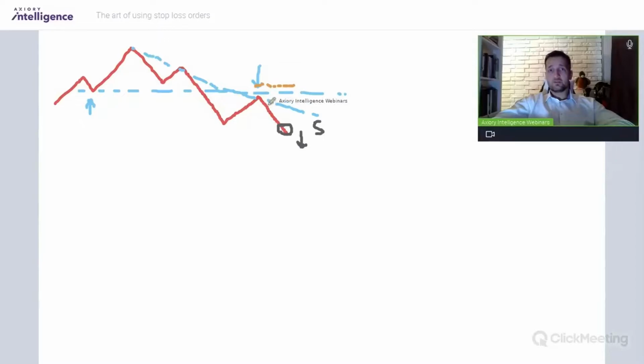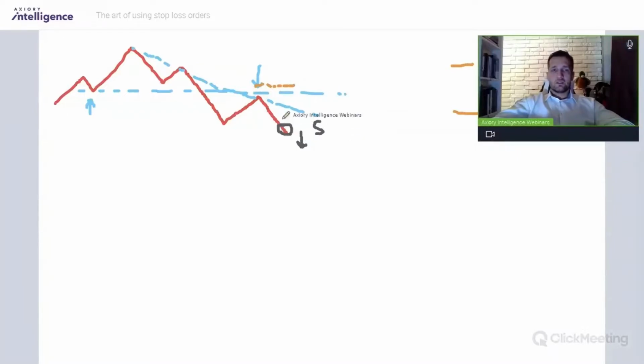You need to remember to calculate the spread as well, because you are selling with the bid, the lower line, and you are closing the short position with the ask, the higher price. So you're opening a short position with the lower price and closing it with a higher price. You need to take this into consideration.